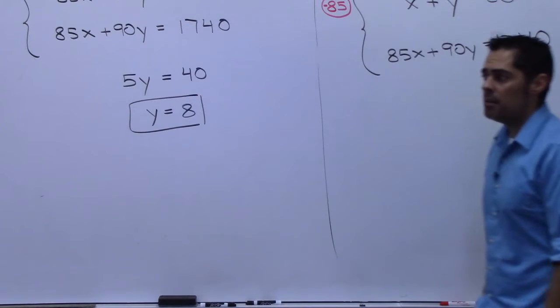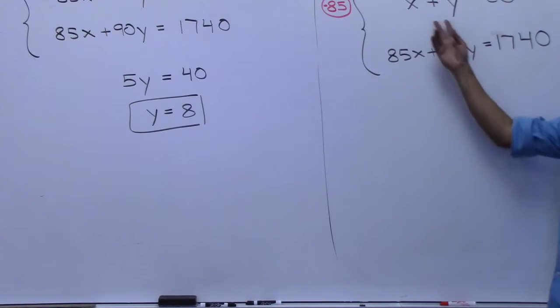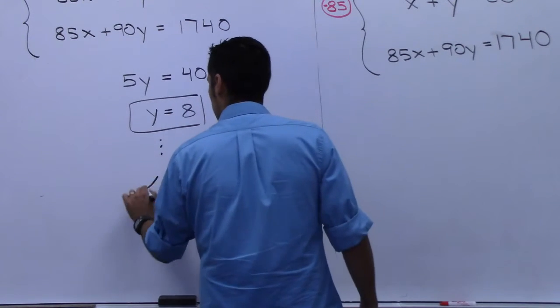Once you know y, you back substitute, you go back to any equation, but you could actually just think through this one. That's 8 liters, right? So you're going to have 12 to get the 20, but you could do that by just plugging in here. Everyone okay with that? You could get that x is 12.